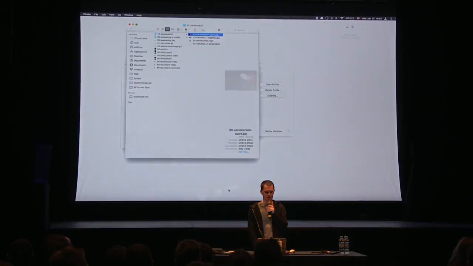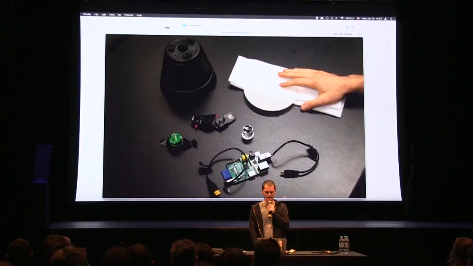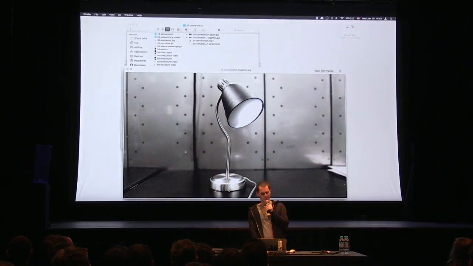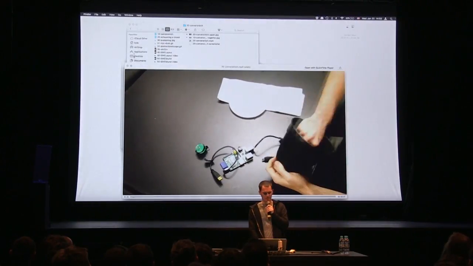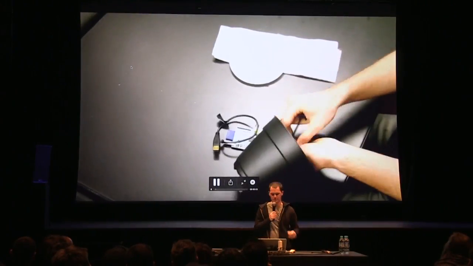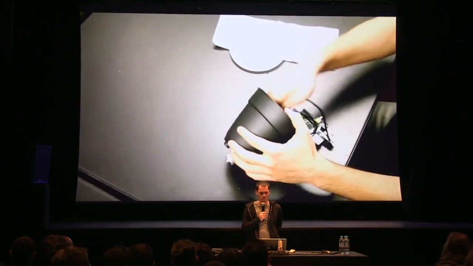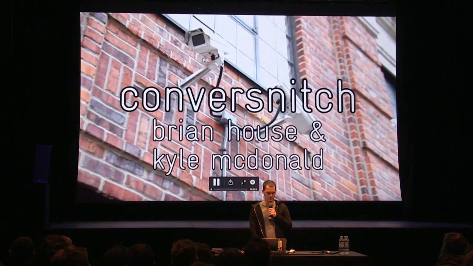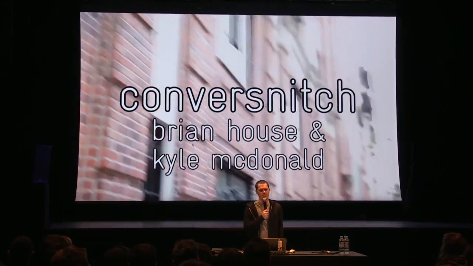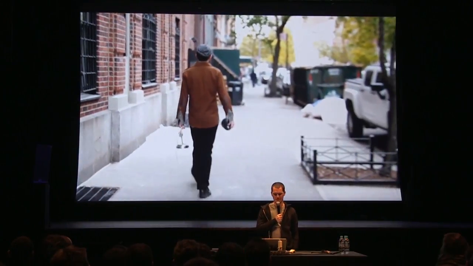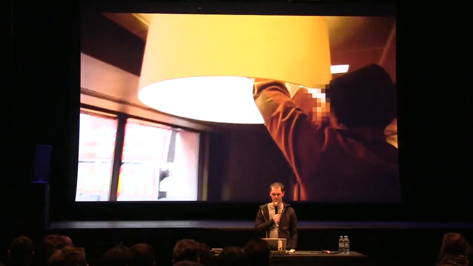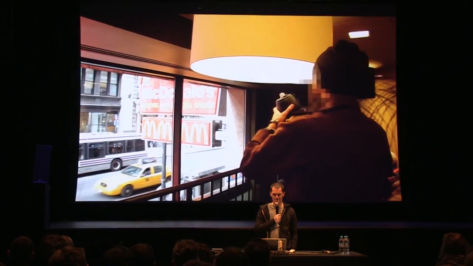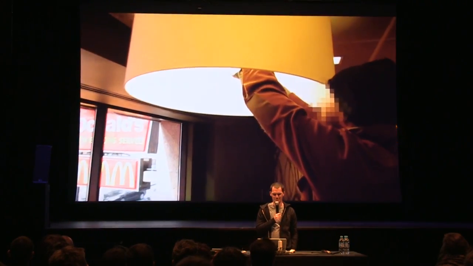One of the first projects I did maybe 2 or 3 years ago that used crowdsourcing looked like this. It was called Conversnitch, and it was a lamp that I put together with Brian House, another artist, and we installed it around New York, where the microphone broadcasts conversations to Twitter, basically. We installed it anywhere that we could find a light socket, and it looks approximately like a light bulb.